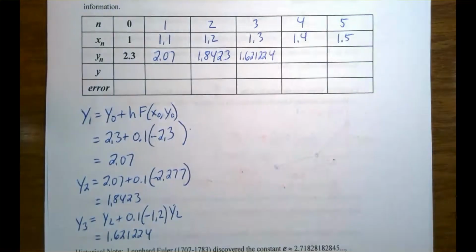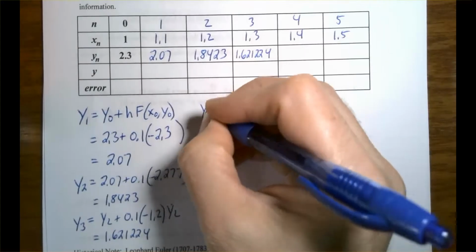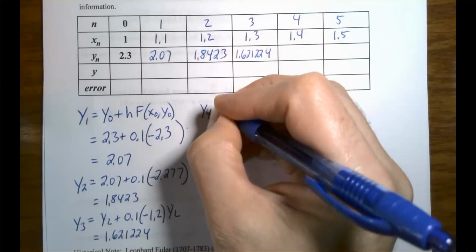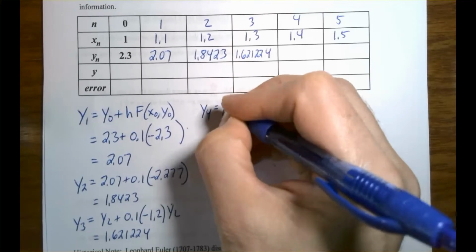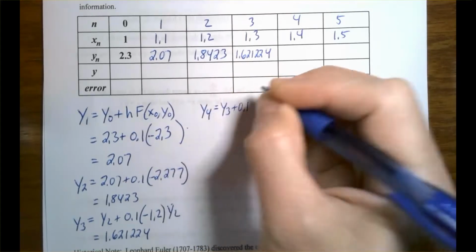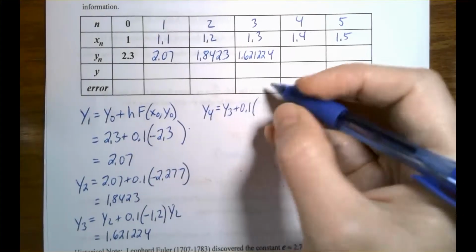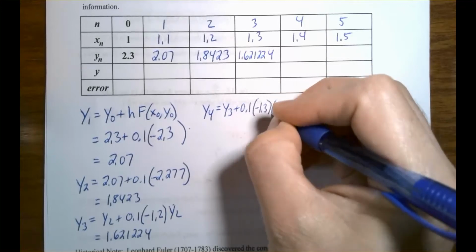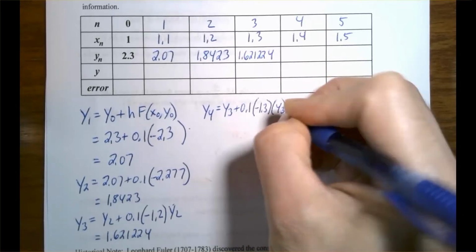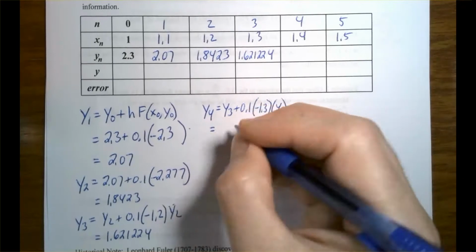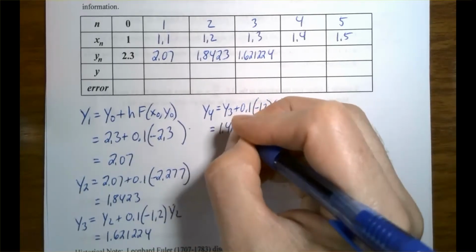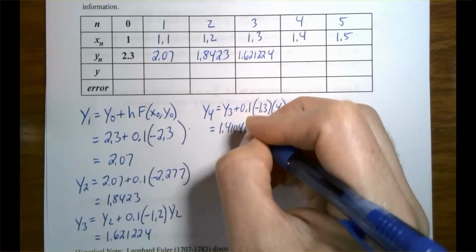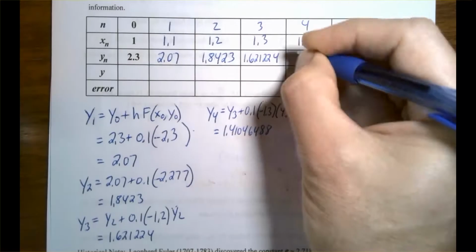And same process here. Your y4 will be your y3 plus 0.1 times negative x3, which is 1.3, times your y3 again. And that will be then 1.41046488.